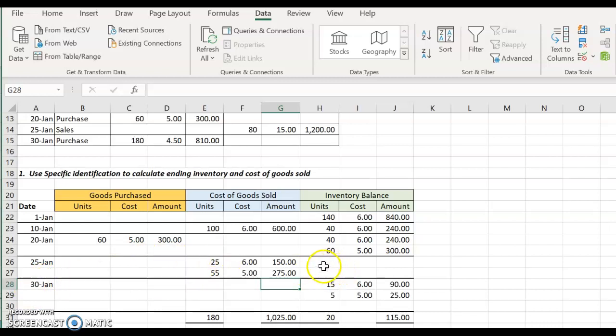So my ending inventory here is that 15 and 5. I guess I should have done that here instead of down there. That's okay, because it still carries down there as well.